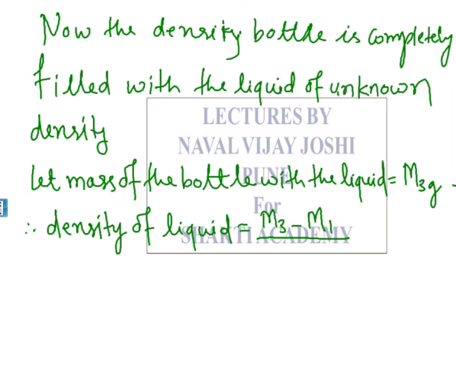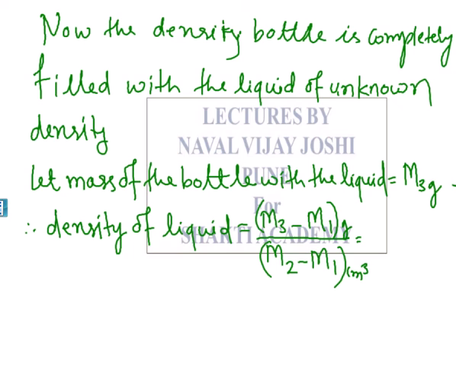And how much would be the volume of that liquid? As I explained in the previous slide many times, the volume of the bottle we could find easily just by knowing the mass of water inside that bottle, and it is equal to m2 minus m1. Here the unit is cm cube and here the unit is gram.